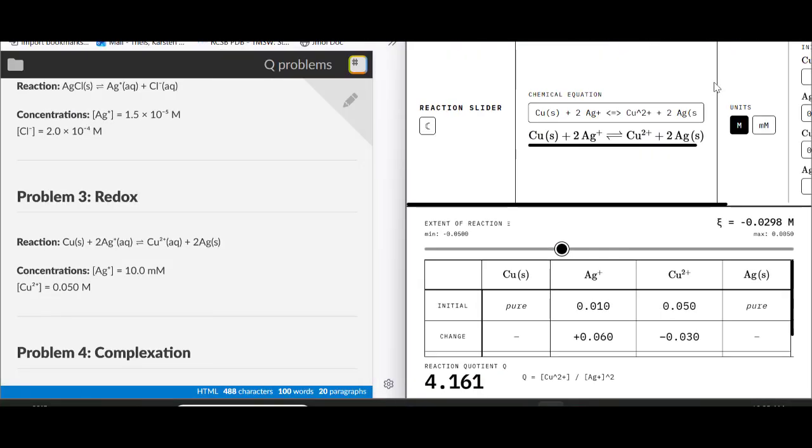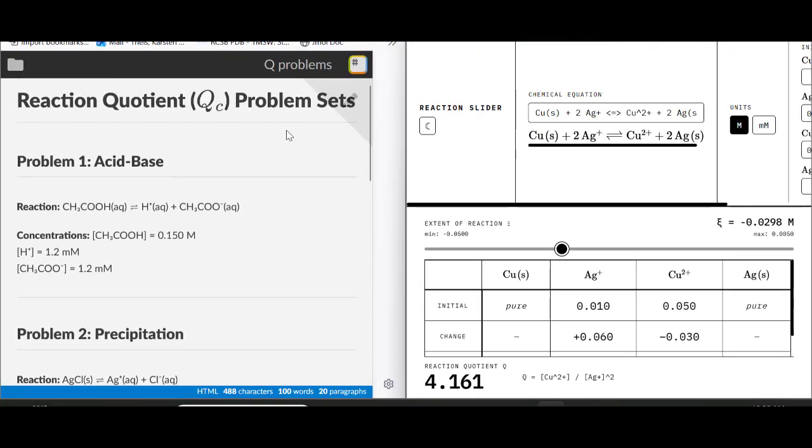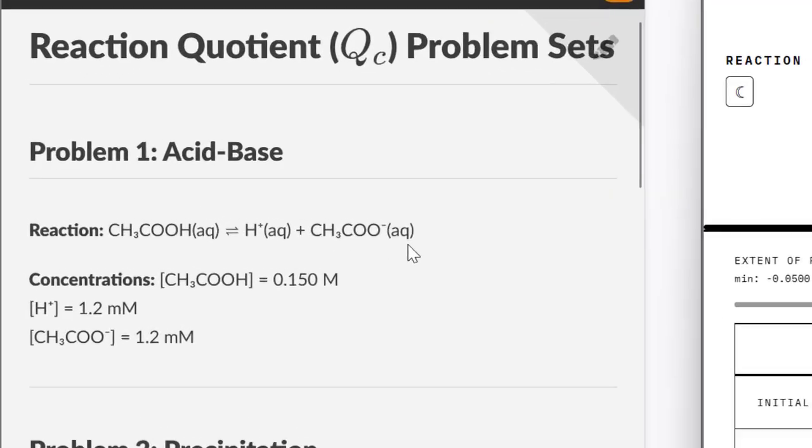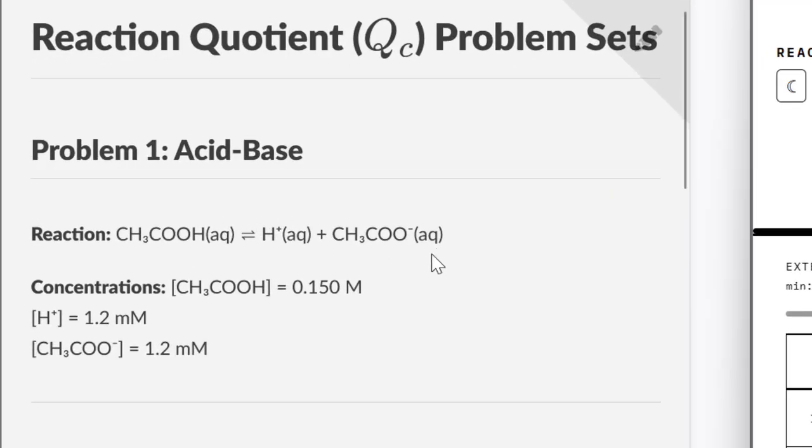Let's see if I can find my problems again. This is an acid base, straightforward in terms of all species being in solution, so they all count. The only little bit difference is here, this is in molar, this is in millimolar. So you can rewrite this as 0.0012, 0.0012, and then you could just plug it in there.